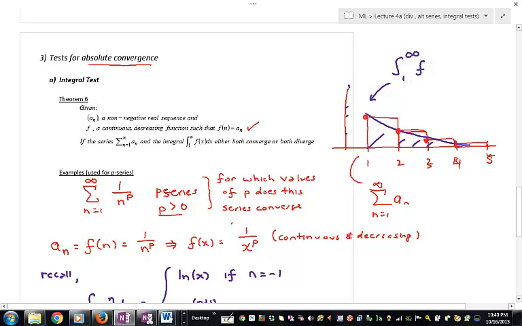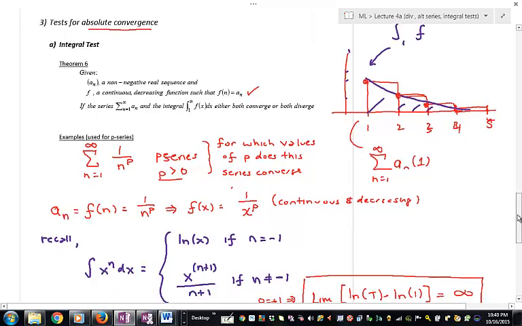And the sum of this series is actually the area under these rectangles. It's the length, which is 1, times the height, which is the value of the term in the series. So intuitively it makes sense that if one of these is infinite, the other one will be infinite. If one of these is finite, the other one will be finite. We can make that notion very rigorous mathematically, but this is just the kernel of the idea underlying this theorem.